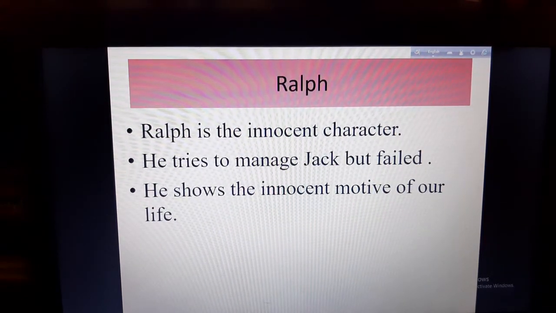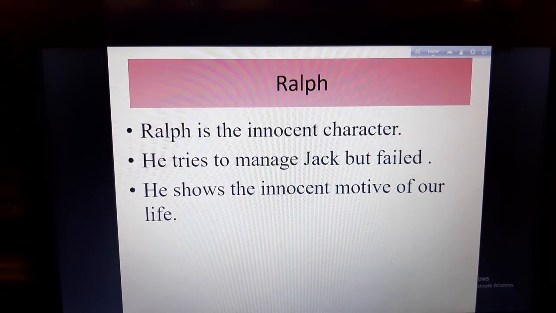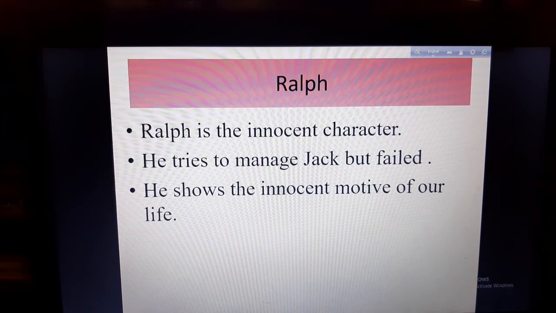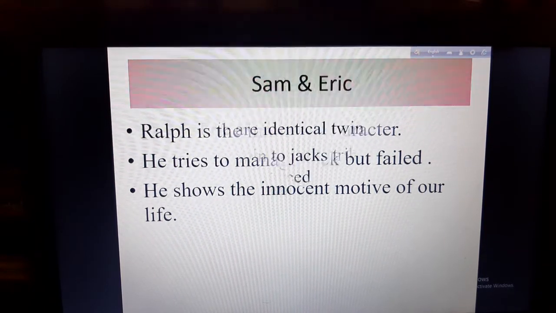Ralph is the innocent character. He tries to manage Jack but fails. He shows the innocent motive of our life. So here we see two types of character. One shows the innocent side and another shows the evil side.